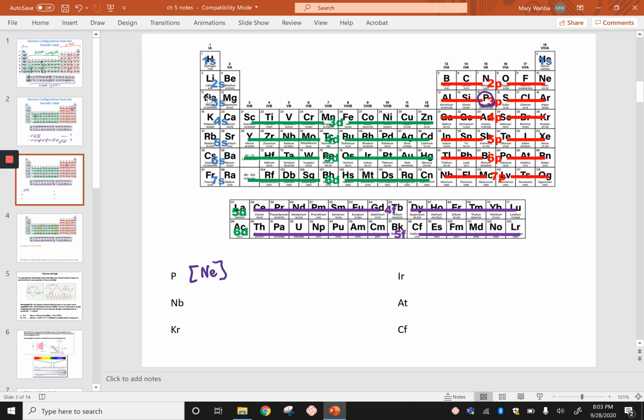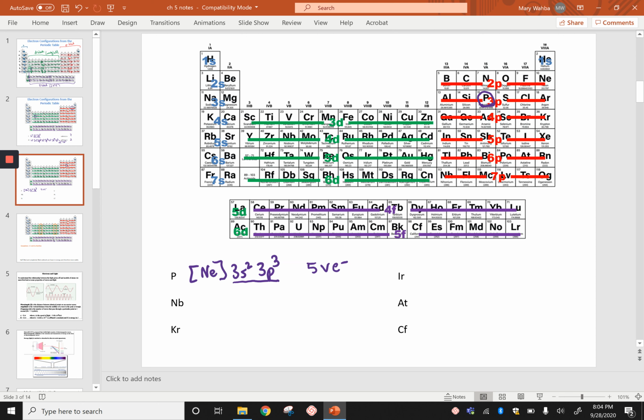So then we see 3s2, and then we see 3p, and 1, 2, 3. How many valence electrons are there? Well, the 3rd energy level is our highest energy level. So all of these are in the 3rd energy level. 2 in the s, 3 in the p, 5 valence electrons total.